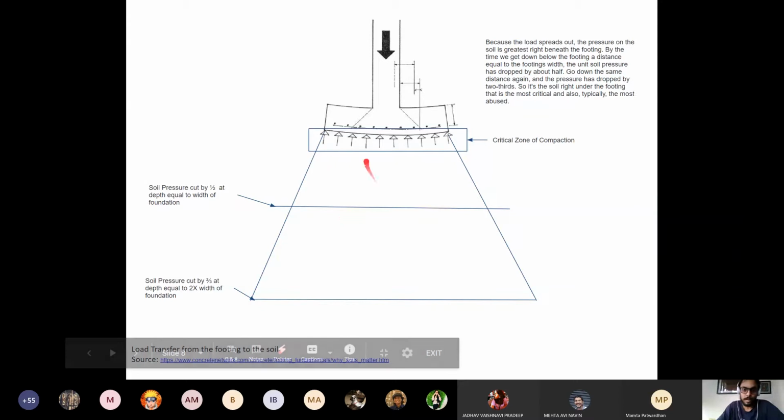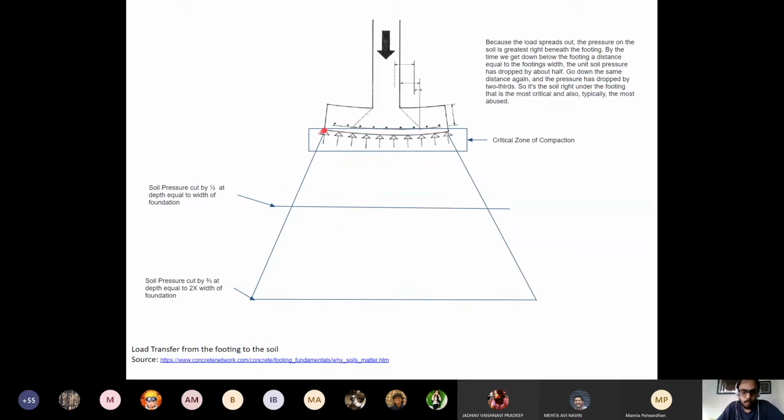What happens is that as you move down a distance equal to the width of the foundation, the soil pressure gets cut by half, meaning the load which is coming down also gets cut by half.